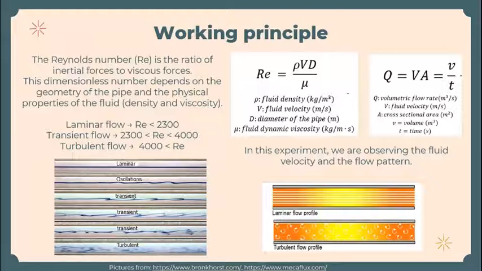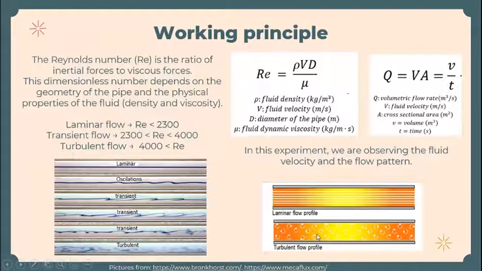They are laminar, transient, and turbulent. Laminar flow occurs when a fluid flows in parallel layers with no disruption between layers, as you can see here in this figure. Transient flow means the flow is in transition, so this flow can have laminar or turbulent behavior.